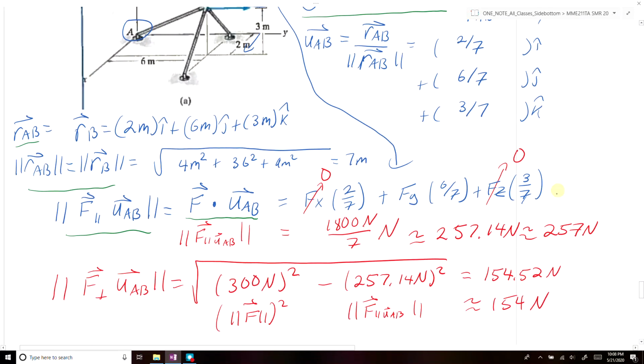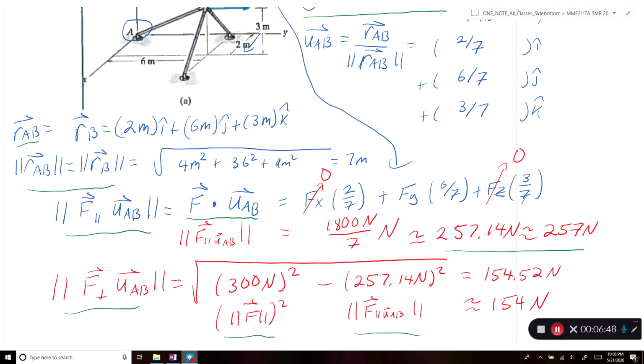Once we had our parallel component, we could then solve for the perpendicular component using the square root of the total magnitude of the force squared minus the parallel component of our force squared. And that concludes this example problem on how to find the components of a force along a line and perpendicular to the line.